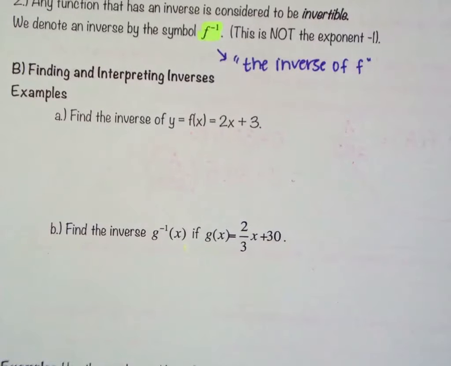To find the inverse of this, we could just take this equation, not change anything about it, but just solve for m. So right now, in this equation, C is my output and m is my input. So make it so that m is my output and C is my input.